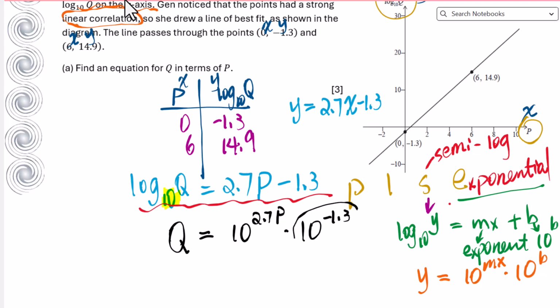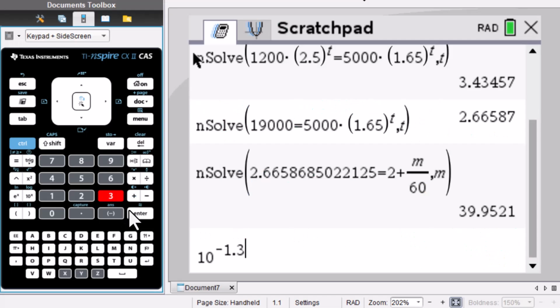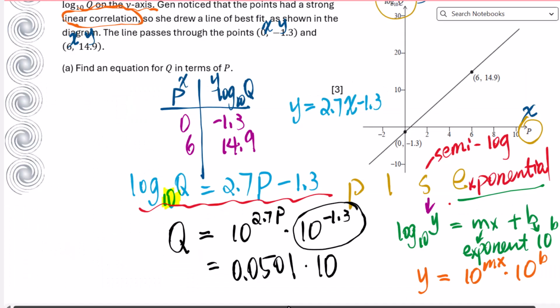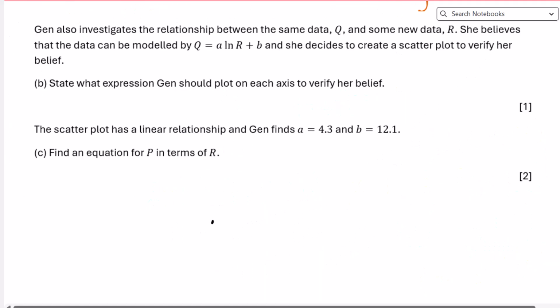We need to change this into a constant. 10 to the power of -1.3, answer is 0.0501. So Q equals 0.0501 times 10 to the power of 2.7P.